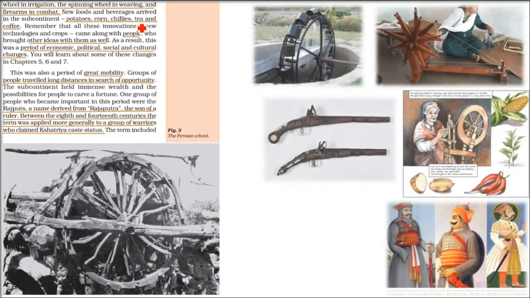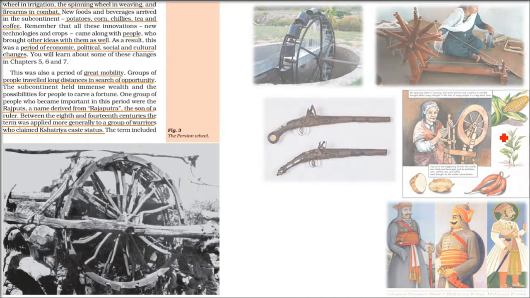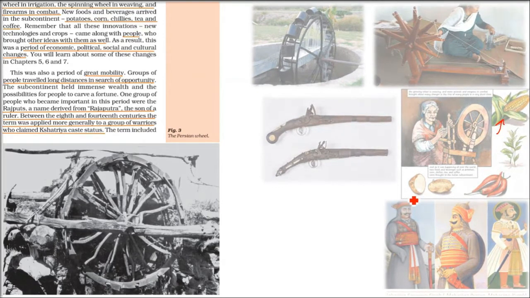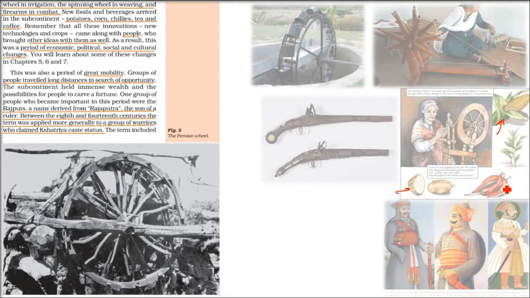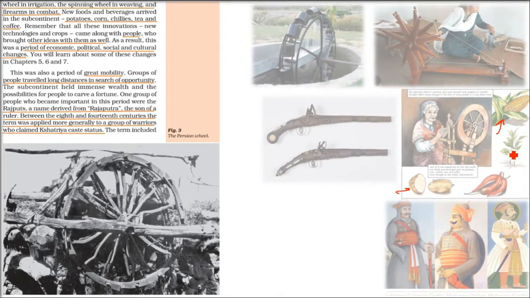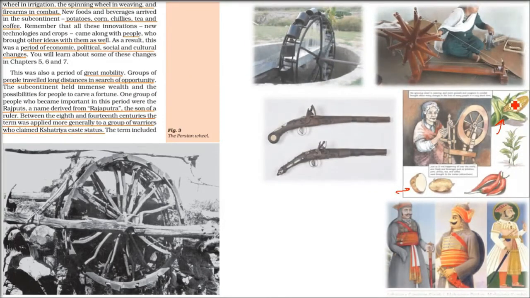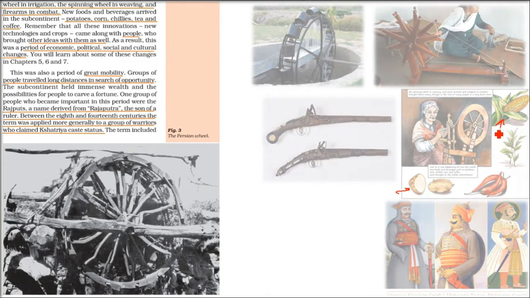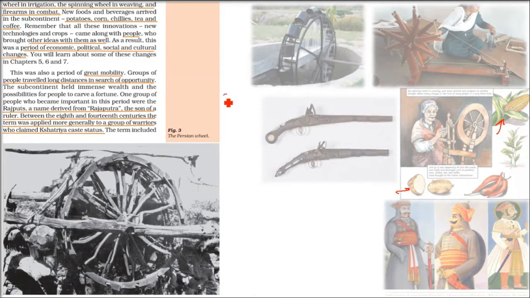Then food and beverage, like corn, bhutta, aloo, potatoes, mirchi, chilies, then tea and coffee, chai. So all these were being used. People were drinking it, using it.